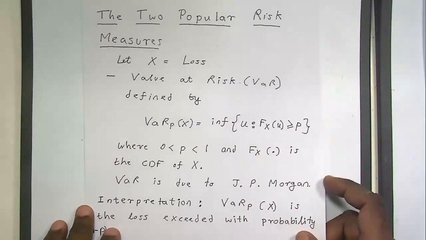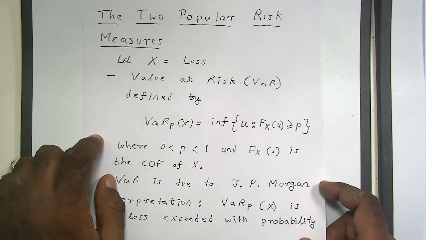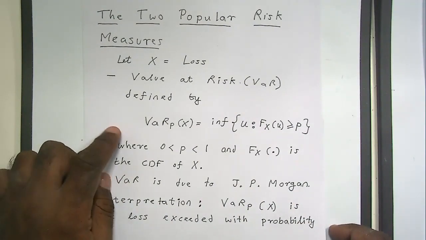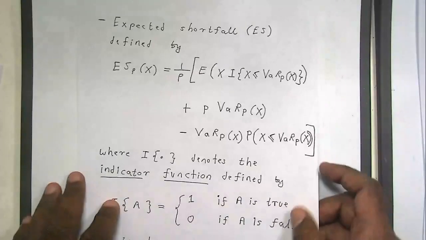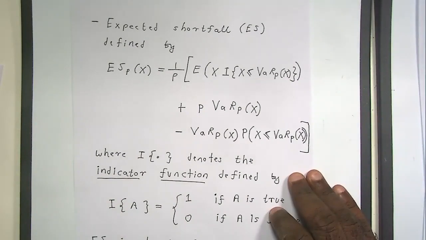Then I talked about the two most popular risk measures. The first one is VaR, and the second one is known as expected shortfall. This is the second most popular risk measure, right?